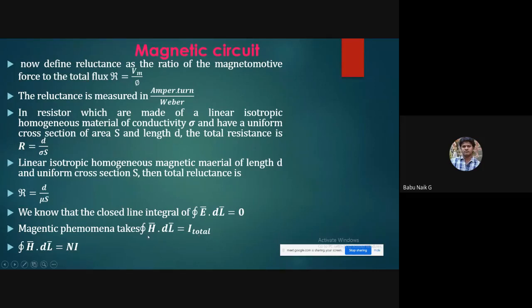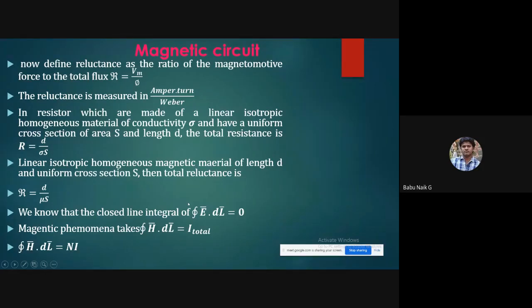This I is the closed line integral of H bar dot dl, which is nothing but the wire having N number of turns wound, so N I is equal to closed H bar dot dl.